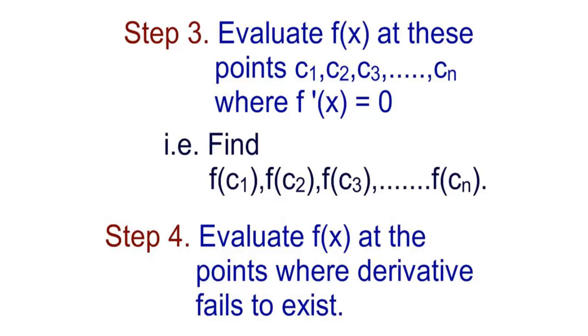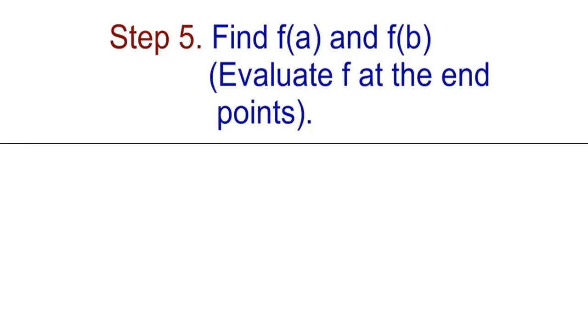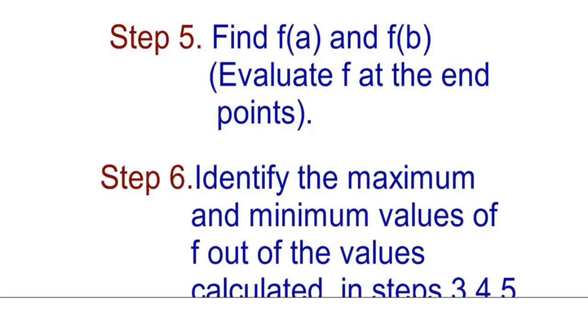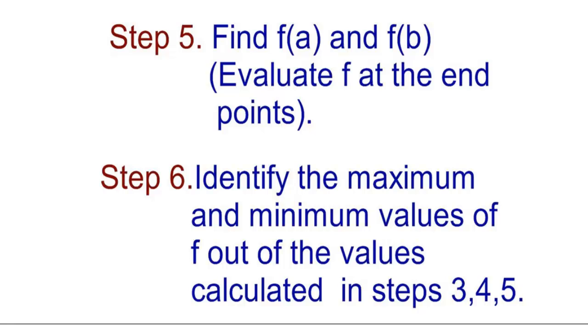Step 5, find f of a and f of b, that is, evaluate f at the endpoints of the closed interval. Then step 6, identify the maximum and minimum values of f out of the values calculated in the previous 3 steps, that is, in steps 3, 4 and 5.